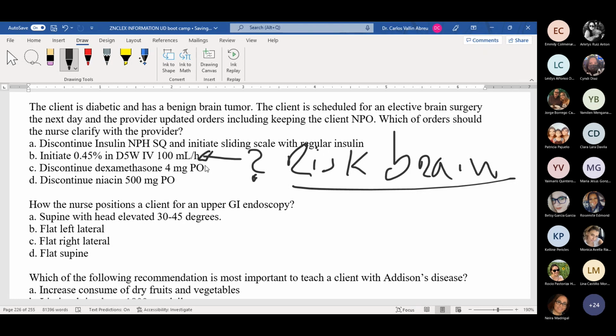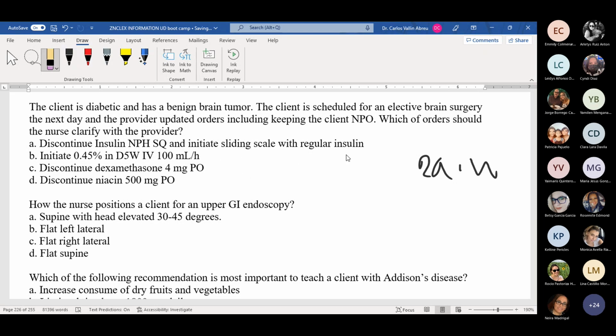Is there any other indication that could be clarified for any reason in the opinion of one of you? Is B the only one that looks indicated to be discussed? What about A? Discontinue the NPH insulin that the patient has been receiving for a while, and then change to regular insulin by a sliding scale.